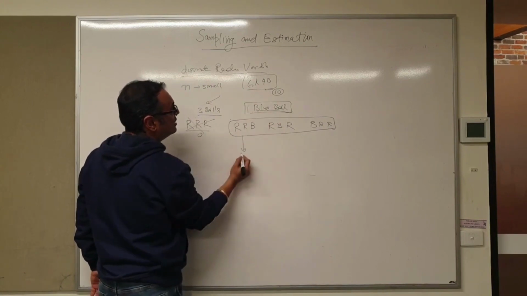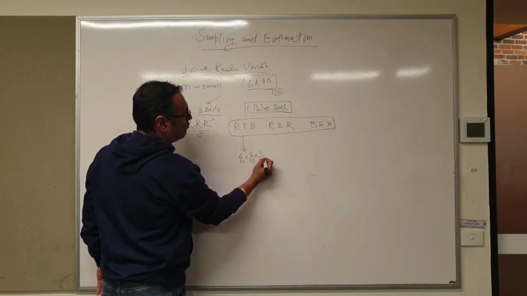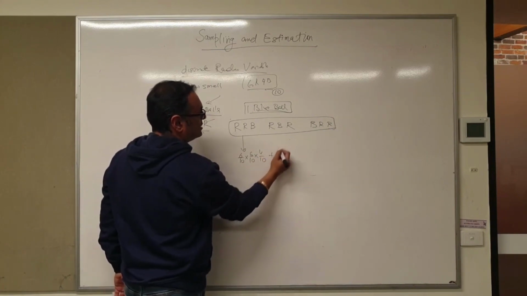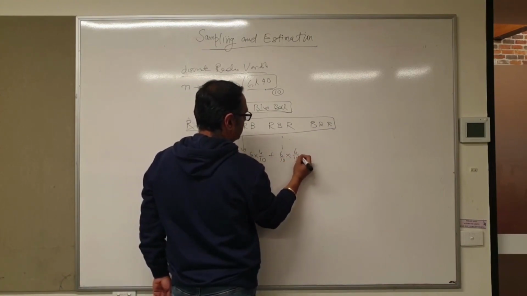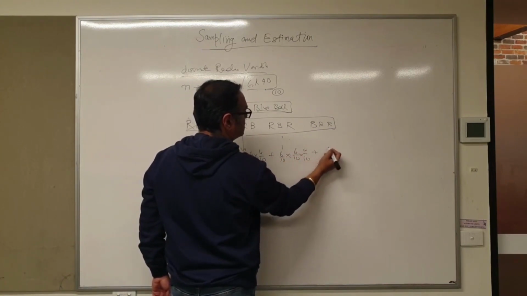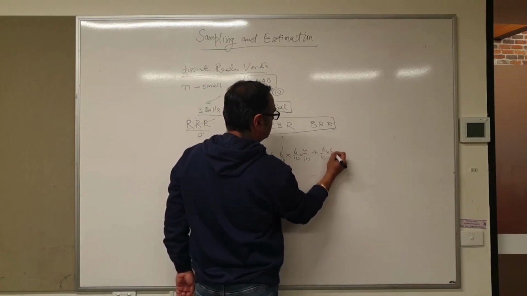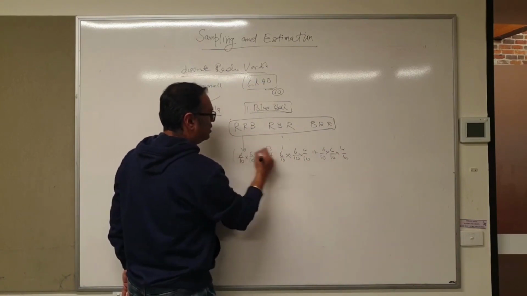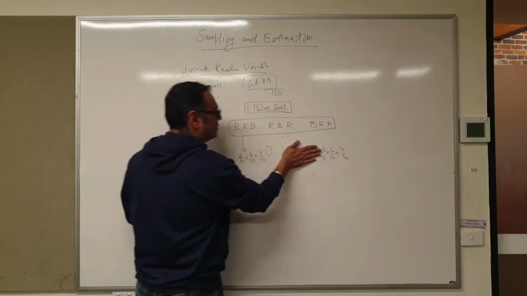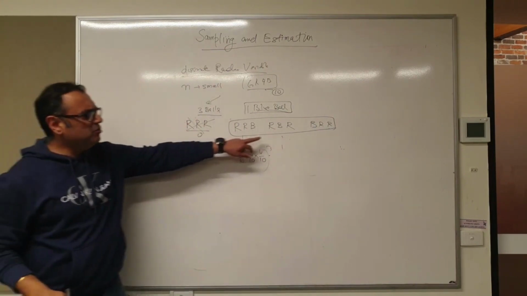The red is 6 on 10 times 6 on 10 times 4 on 10, plus 6 on 10 times 6 on 10 times 4 on 10, plus 6 on 10 times 6 on 10 times 4 on 10, and this is with replacement. Basically, that's the cube, right?